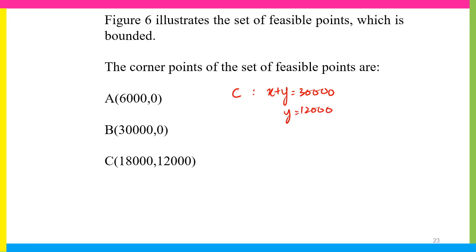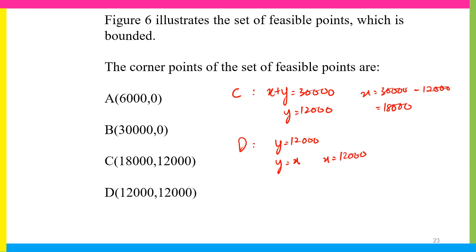So we get X equal to 30,000 minus 12,000, which is equal to 18,000. Okay, and then for point D, it's the intersection between Y equal to 12,000 and Y equal to X. So directly X equal to 12,000 also. So that's why the point is 12,000, 12,000.